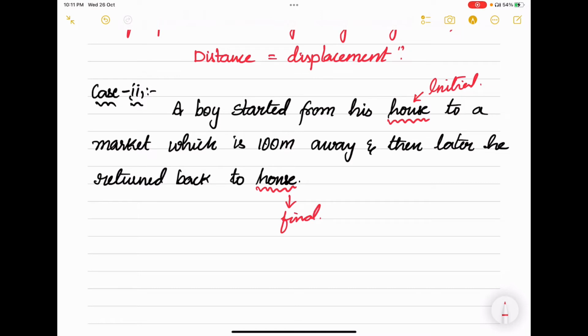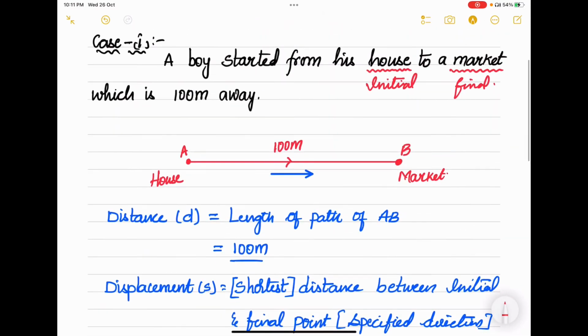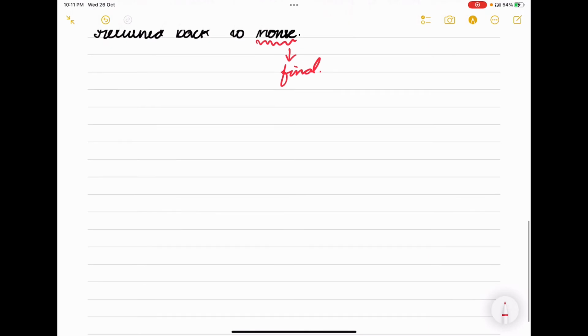How to illustrate this example clearly? Let us take the diagrammatic form again. As usual, this is his house, and we assume that the boy traveled in a given particular direction towards the market, which is 100 meter away.